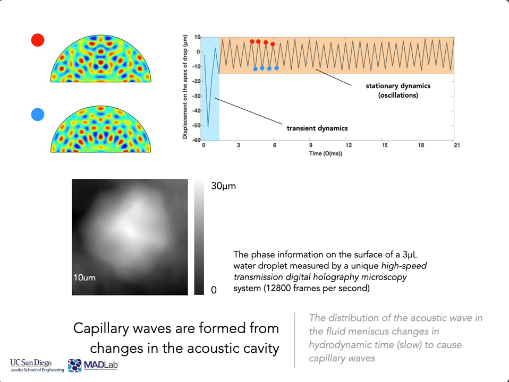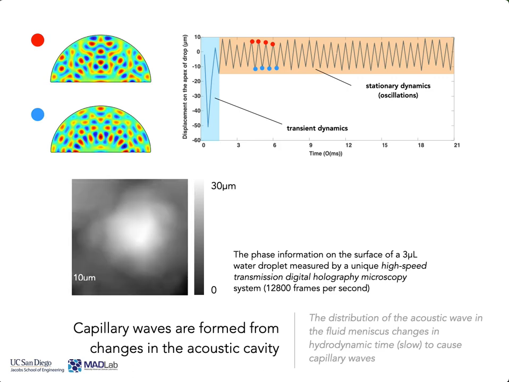And so the plot at the upper right-hand side is really what we're talking about here. This is actually the reason why we see the capillary waves form at such low frequencies. It's the attempt of the droplet to reshape itself to accommodate the presence of the acoustic pressure on the free fluid surface. And that happens slowly because of the fluid dynamics.